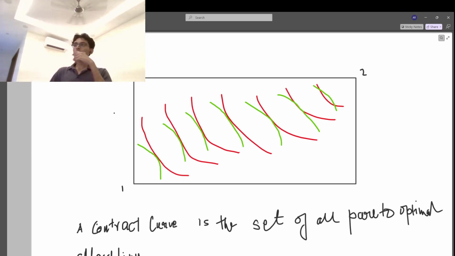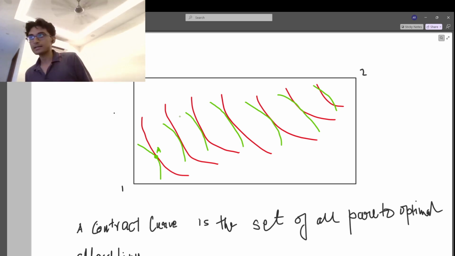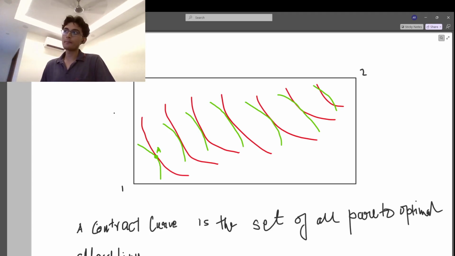So this allocation A is Pareto optimal, isn't it? Because with the same logic, you cannot make individual one better off without making individual two worse off. Similarly, this point B is Pareto optimal. This point C is Pareto optimal, same argument. This point D is Pareto optimal, E and so on.